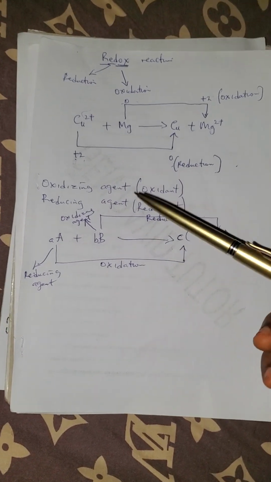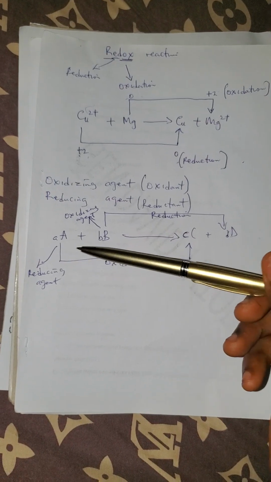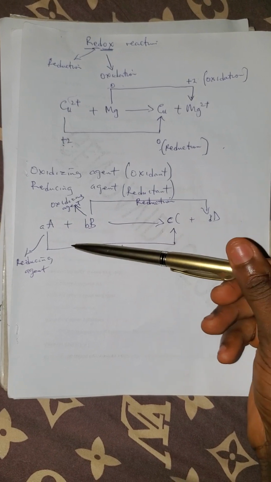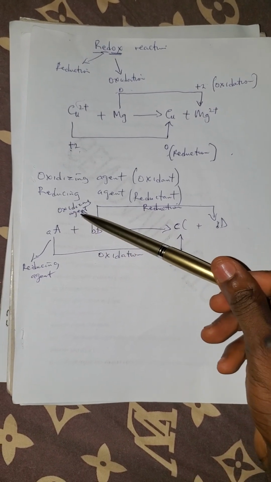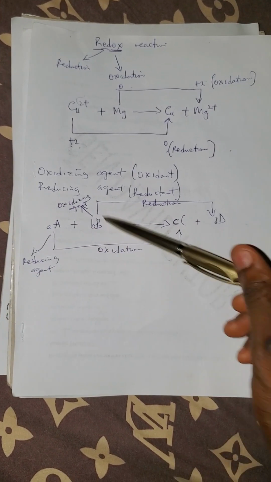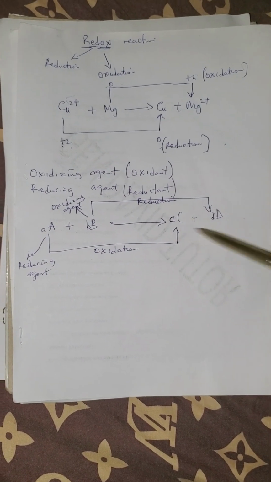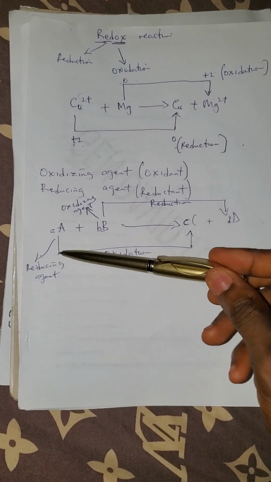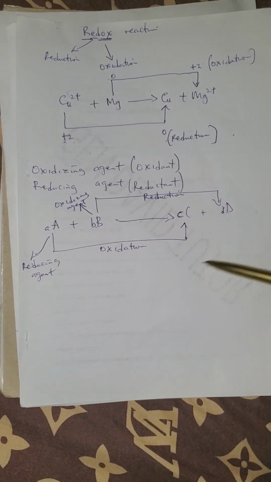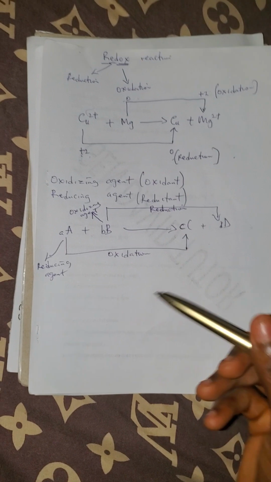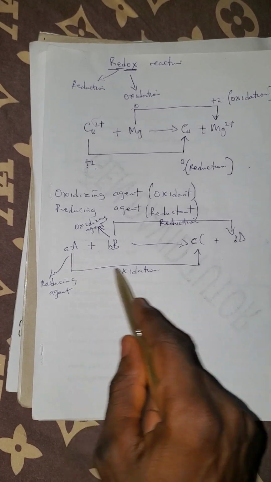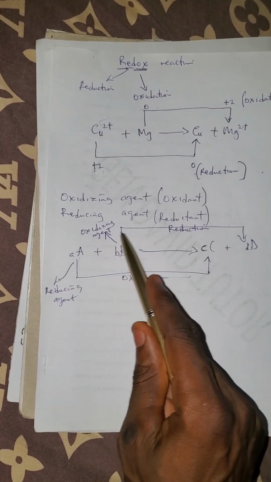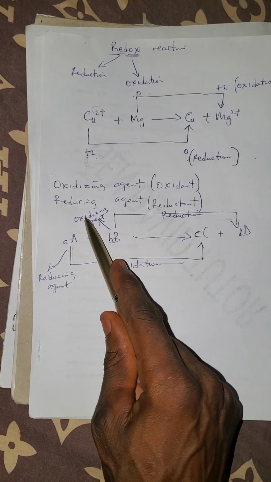It shows that the reducing agents and the oxidizing agents already performed their function at the reactant side. That's why you have them at the reactant side, not at the product side. The substance that undergoes oxidation is what I call the reducing agent, and the substance that undergoes reduction is what I call the oxidizing agent.